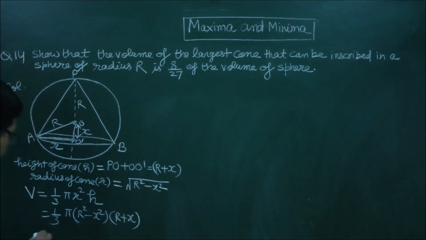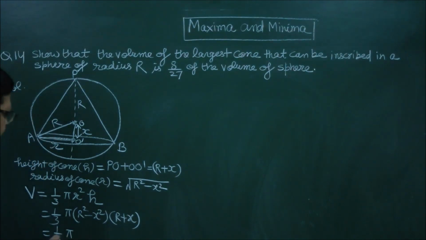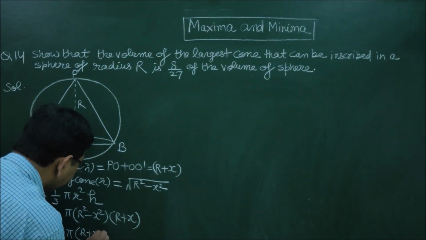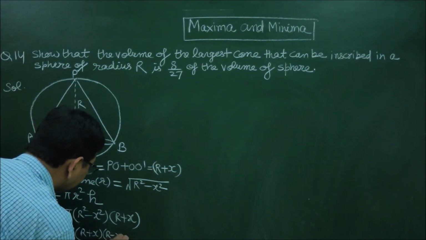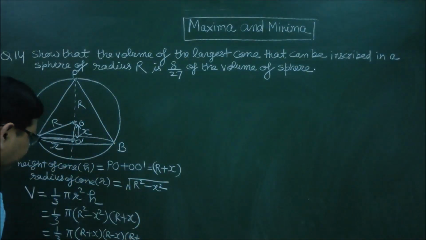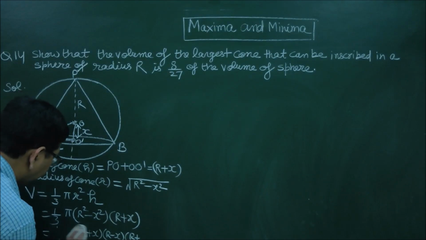Which is equal to 1 upon 3 pi, and we can write r plus x into r minus x, into r plus x, or let it be in this form. So we will solve it by product rule. So let it be in this form.